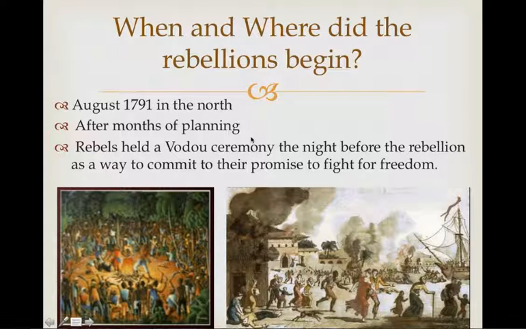So they came together and they did the dancing and the drumming, and they all committed to, this is going to happen tomorrow. And they really made it very ceremonious and prepared for the next day.